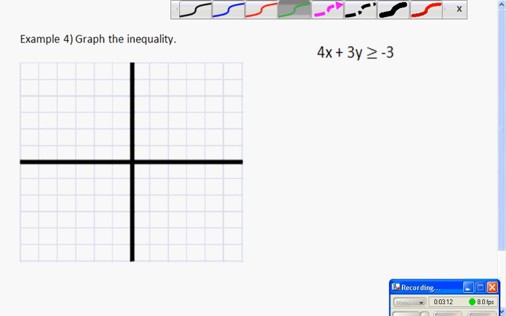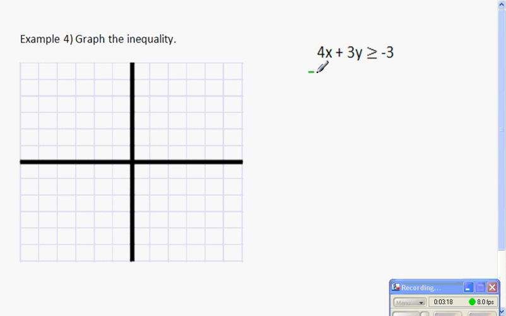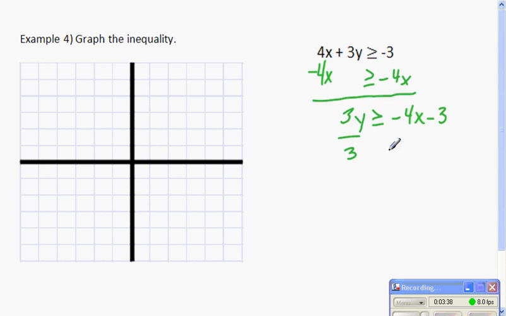In example 4, again, you'll need to get it in slope-intercept form. So in order to do that, we need to get y alone. So here I would subtract 4x from both sides. Leaving us with 3y is greater than or equal to negative 4x minus 3.